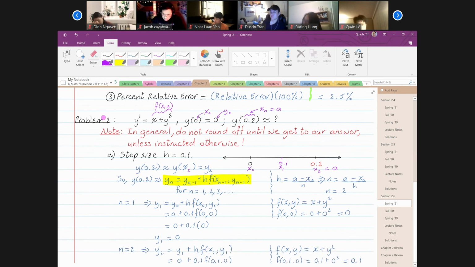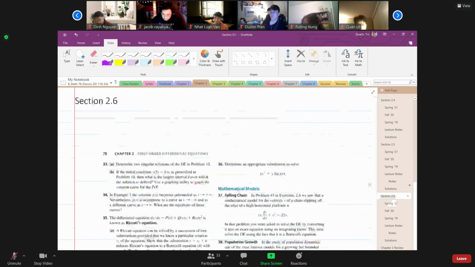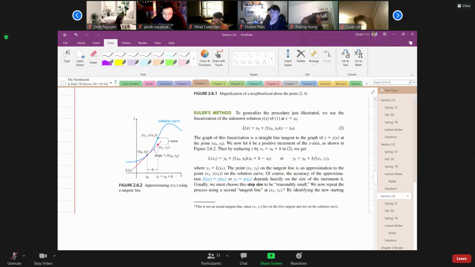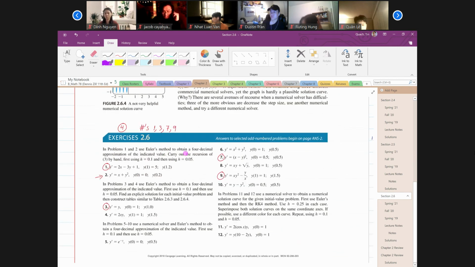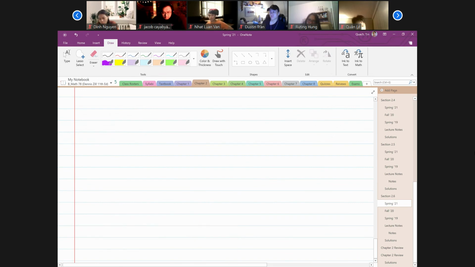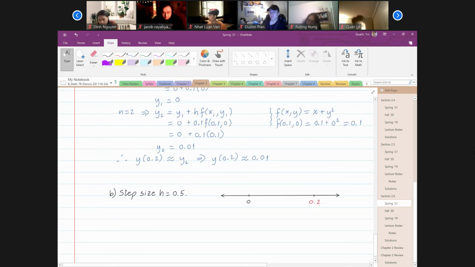Let's read the direction for problem 2. It says obtain a 4 decimal approximation. That means your answer has to have 4 decimal places. Even though 0.01 is the same as 0.0100, you want to use this because it says 4 decimal places. Okay.